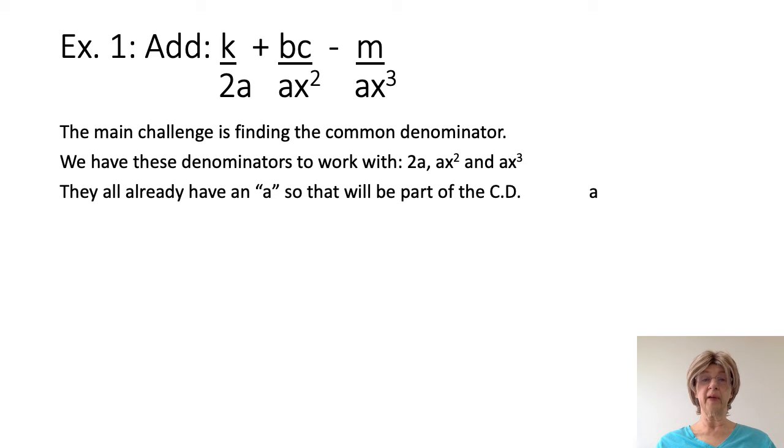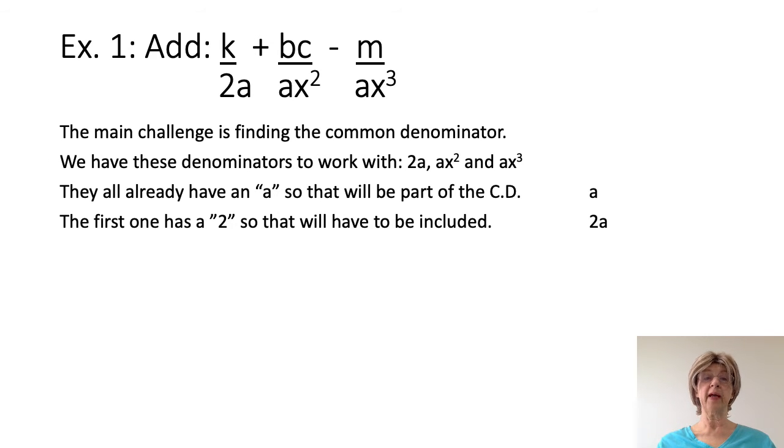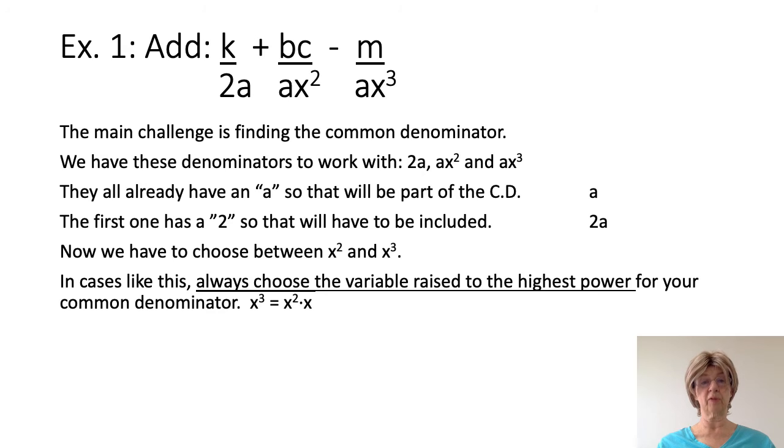They all already have an a, so that will be part of the common denominator. The first one has a 2, so that will have to be included. Now we have to choose between x squared and x cubed. In cases like this, always choose the variable raised to the highest power for your common denominator.